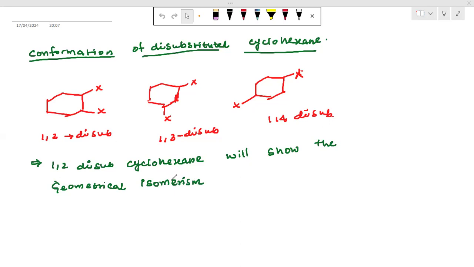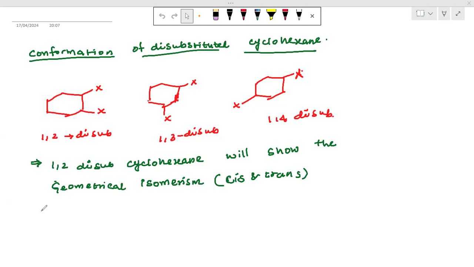Now we're going to detail how the cis and trans forms will be present, and which positions they occupy in this compound.